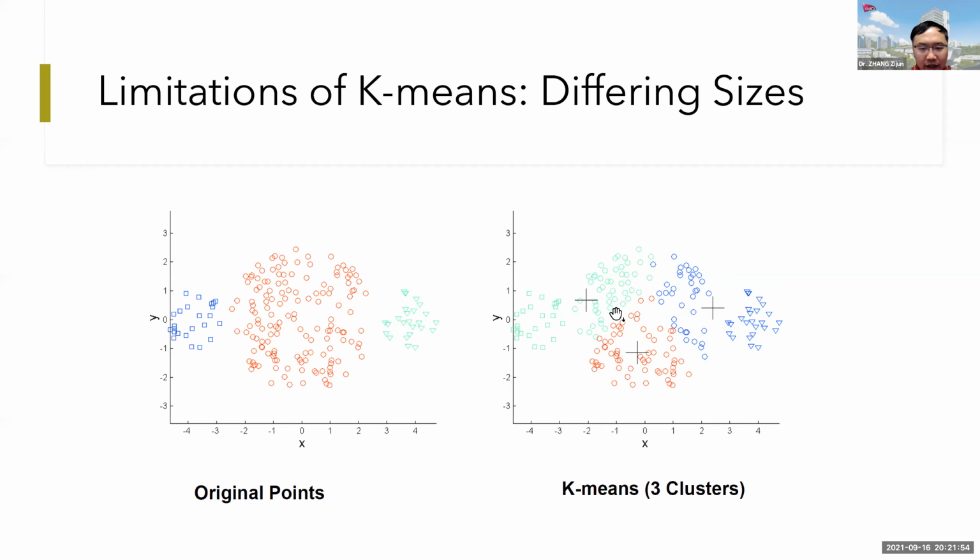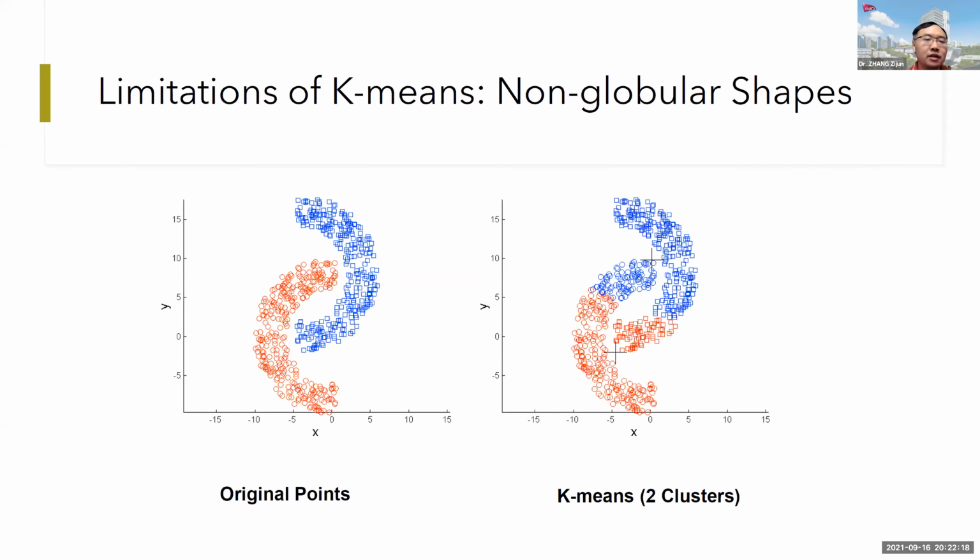Then if you apply k-means with 3 clusters, it probably will return such results. Visually, we will know that such clustering results do not make any sense. It's a very poor clustering result, which does not return the knowledge we expect. So different sizes could be a killing point.